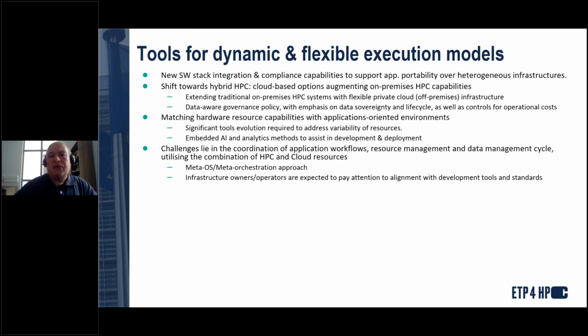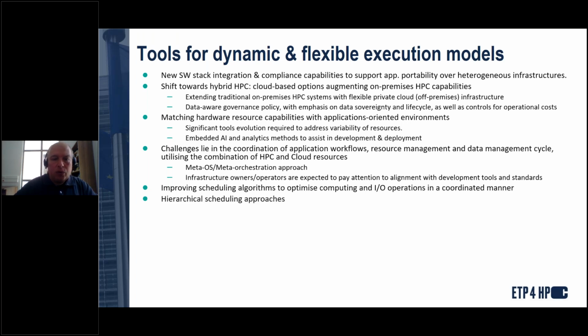There are challenges coming from this coordination of application workflows and the management of resources and data. I would say that meta-OS and meta-orchestration approaches seem to be quite relevant, but there is quite a lot of complexity there. And the infrastructure operators are now expected to pay more attention to alignment of the various development tools and standards from the various types of infrastructure that they are expected to collaborate with.